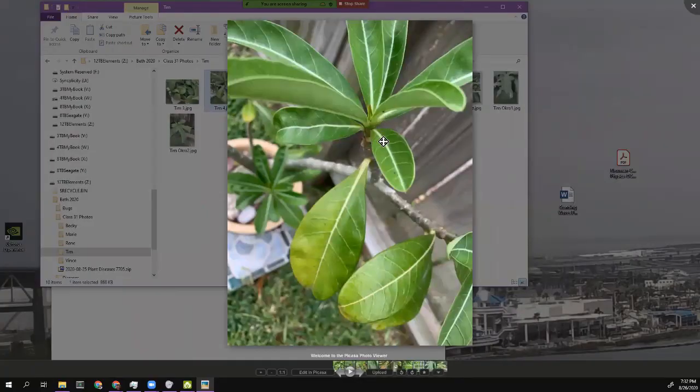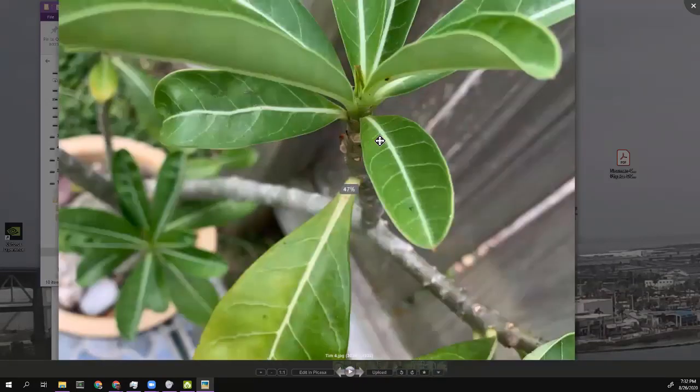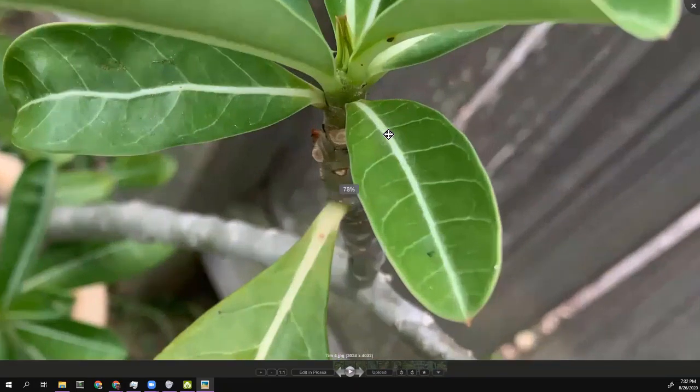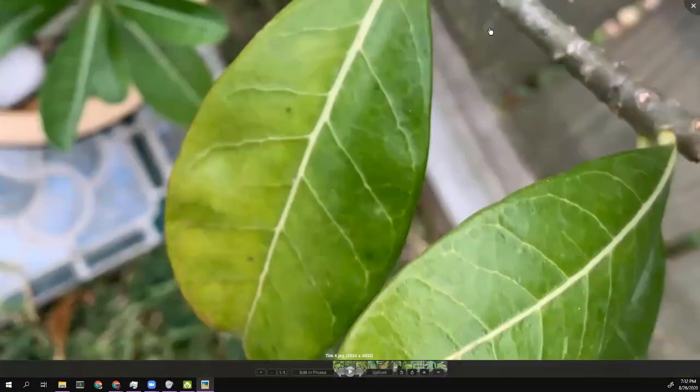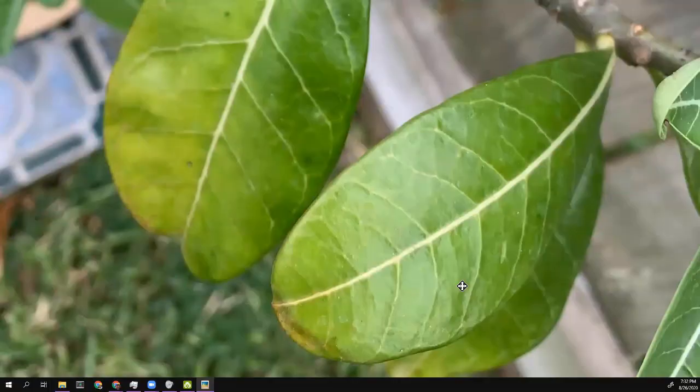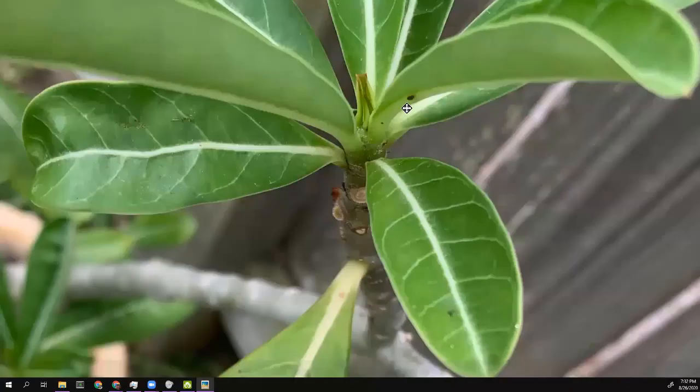Is this a plumeria here? That is a desert rose. Desert rose, okay. All right, so what exactly is the problem? You'd see the little black spots here and there, and the discoloration on the side leaf over there.